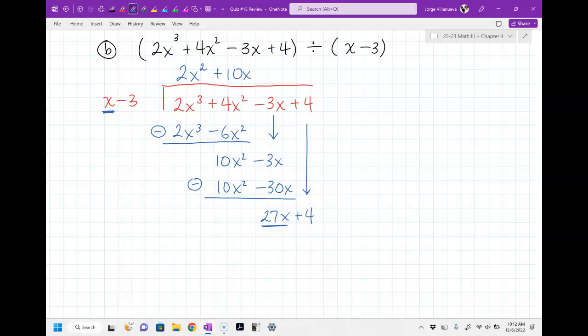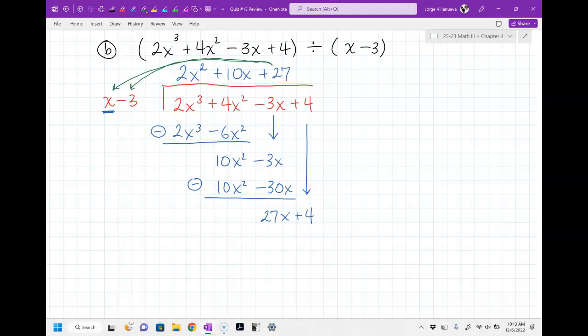Well, if I want x to become a 27x, shouldn't I multiply by 27? Right? Do I need to multiply by x's if it already has one? No, right? So it's just going to be a positive 27. Okay? So I'm going to get this 27, and I'm going to multiply it times x, and I'm going to multiply it times negative 3.